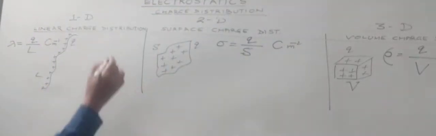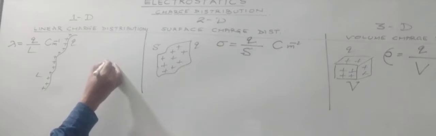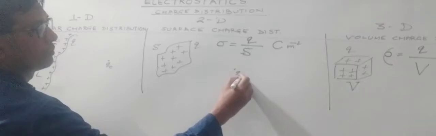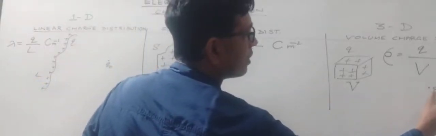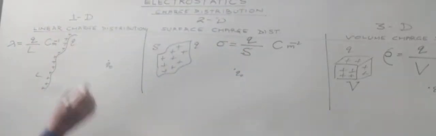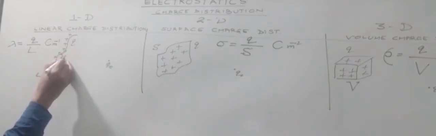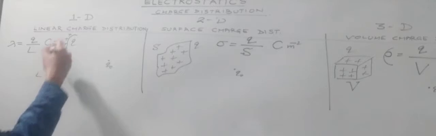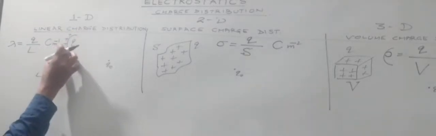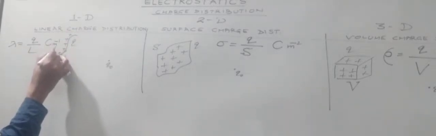So now let's imagine a point static charge to be placed over here, Q naught. And consider some elementary portion over here. We can consider it to be dl. Since the charge Q is distributed uniformly over the entire length L, the charge contained in length dl may be considered to be dq.